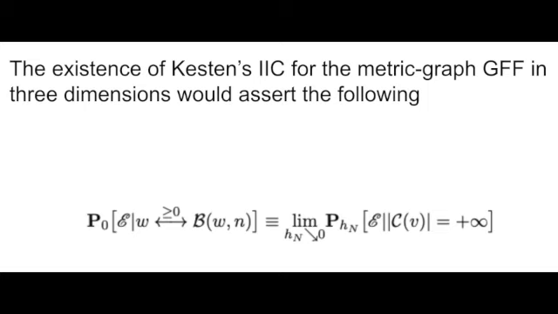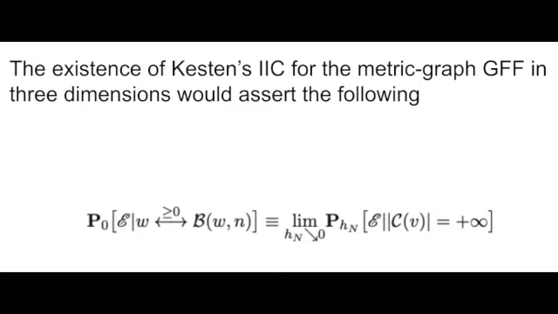And besides the dependence upon the law of the metric graph Gaussian-free field on the heights h of the 3-dimensional metric graph extension, we also introduce some slightly different conditioning for the cylinder events in each one of these crossing probabilities.